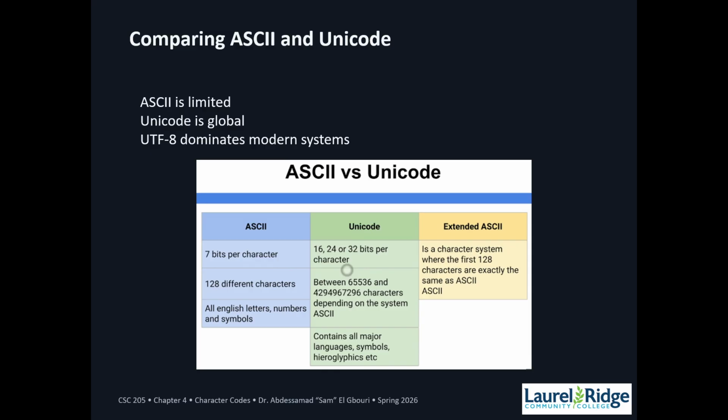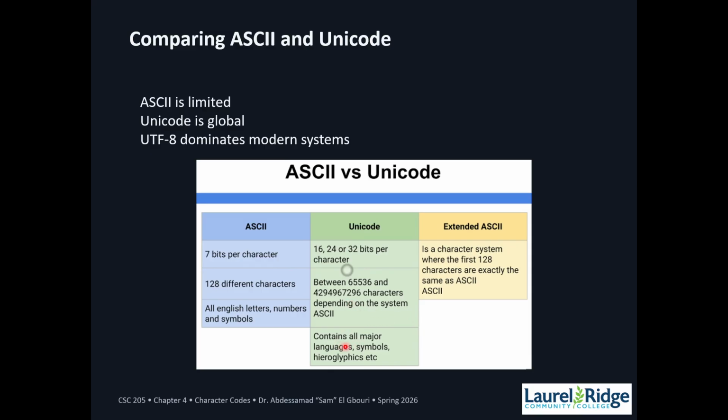Here is a little comparison between ASCII and Unicode. ASCII started with 7 bits, which limits how many characters it allows, and it's only English. Unicode has options between 16, 24, and 32 bits, allowing many millions of characters depending on the system.